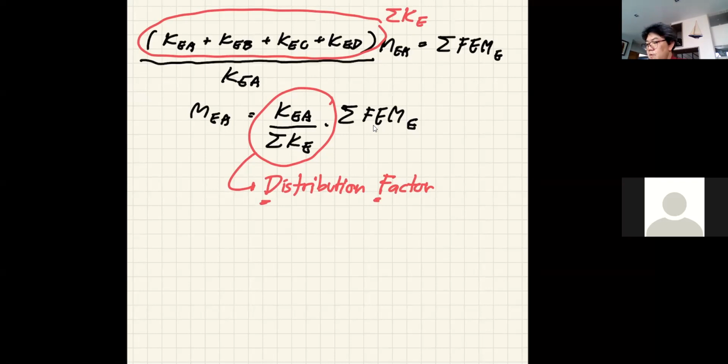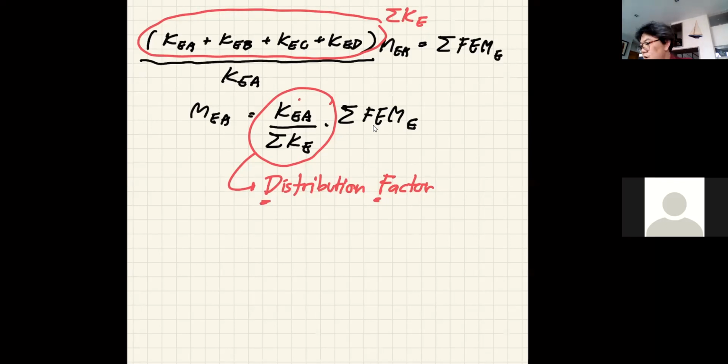Okay, so we have identified the carryover factor, which is always a half. And we now have also identified the distribution factor, which is the stiffness of that particular member divided by the summation of every stiffness of every member that helps form the joint.